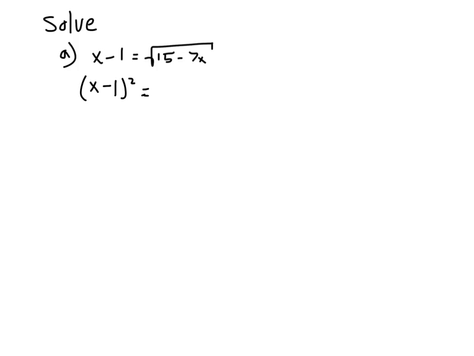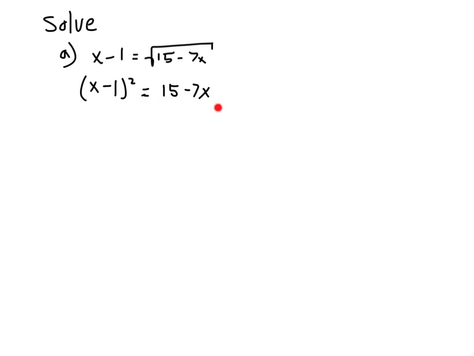Because if I square both sides, I get rid of the square root sign on the right hand side. Now, one thing I want to point out here is that this side of the equation has got to be positive, okay? And this side of the equation need not be positive. However, it is positive in the previous step, okay? So this must be a positive number.